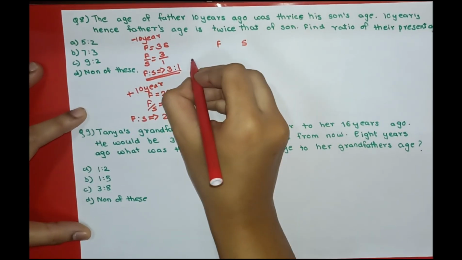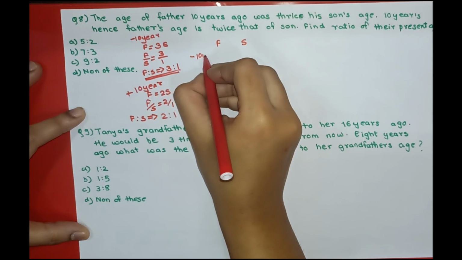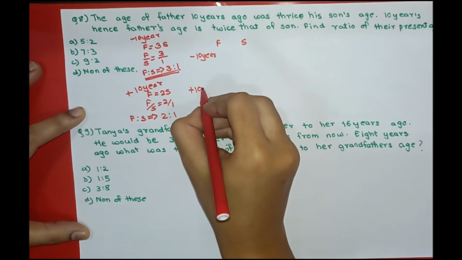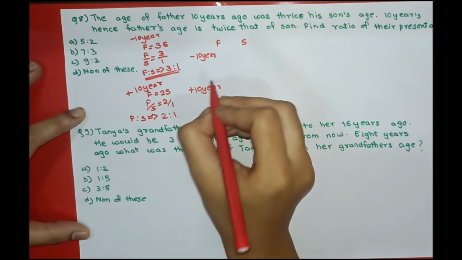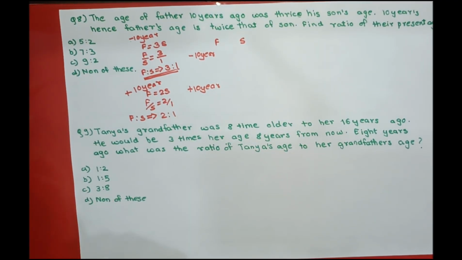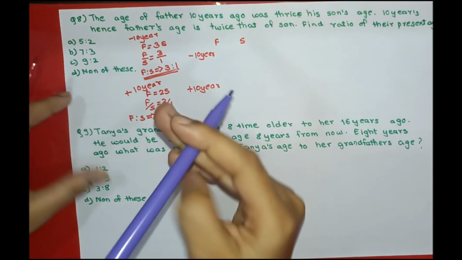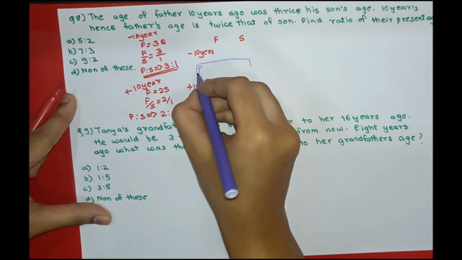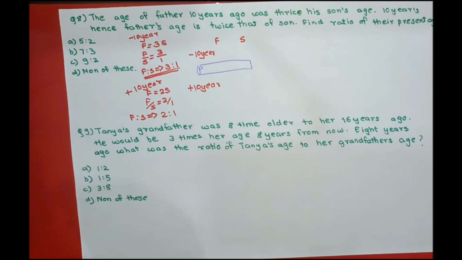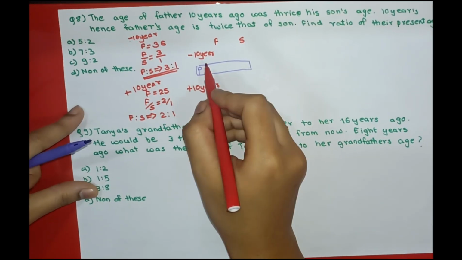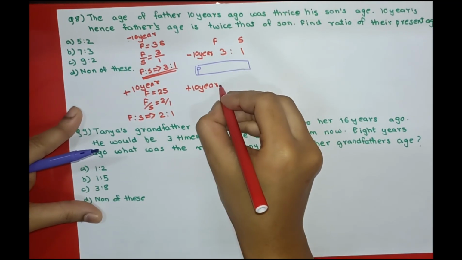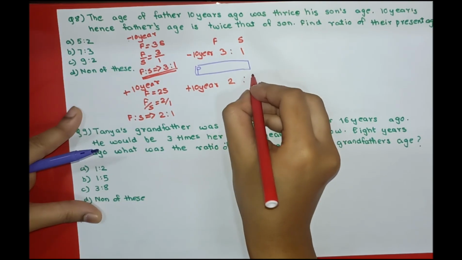This is father, son. This is 10 years ago. And this is 10 years after the present age. And what we need to find out is the ratio of their present age, which is unknown to us. Now we found out that the ratio of their age 10 years ago was 3:1 and 10 years after it is 2:1.